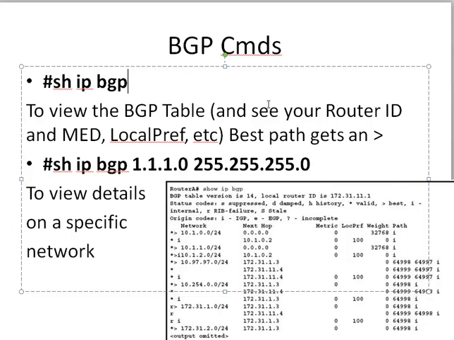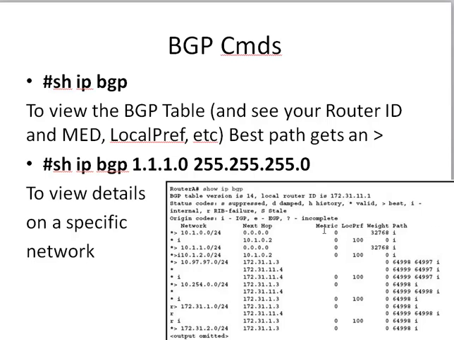BGP. And if we take a look down here, we have a metric column, a local preference column, a weight column, and a path column. As we can see here, this is the weight out of the box, 32,768, and if I remember correctly, this is the same default value that spanning tree gives when it tries to calculate.